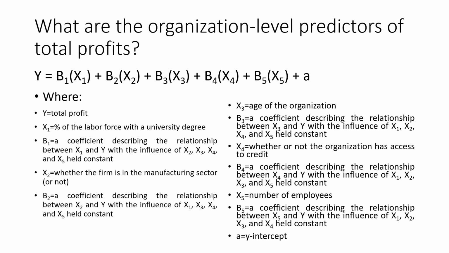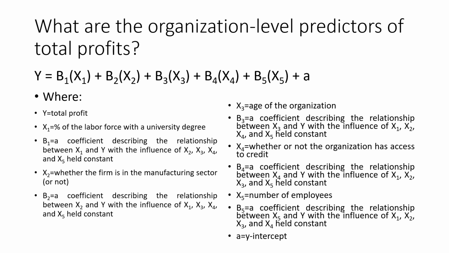And we also know that B corresponds to the slope, or the coefficient that describes the nature of the relationship between each independent variable and the dependent variable. And obviously, because we have 5 predictors in this equation, we also have 5 separate coefficients, or B's.